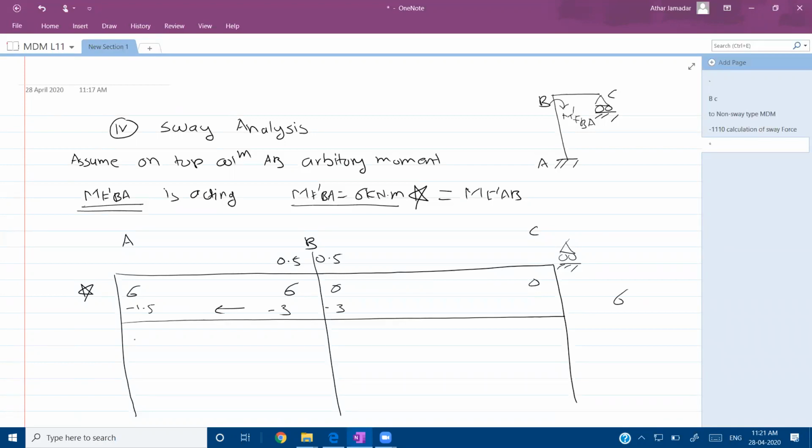So this is going to be 4.5, 3 minus 3. Now the unbalanced moment is 0, that means support B is balanced now.